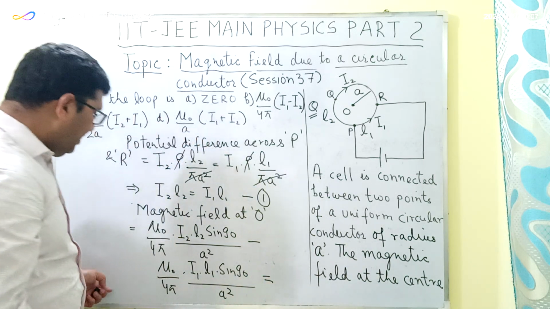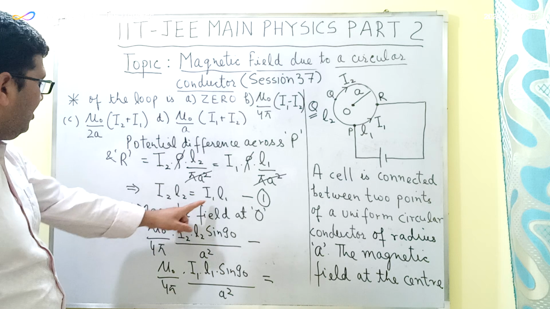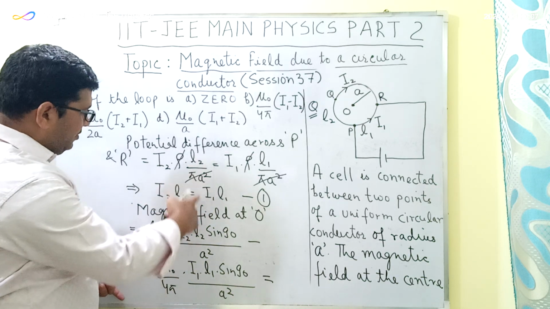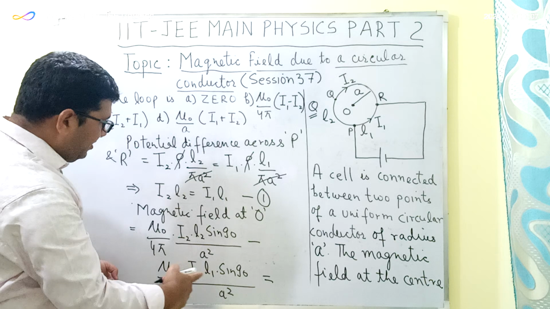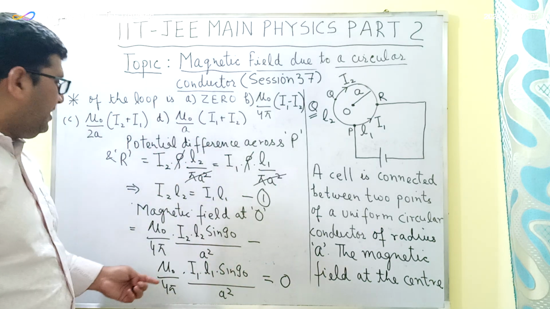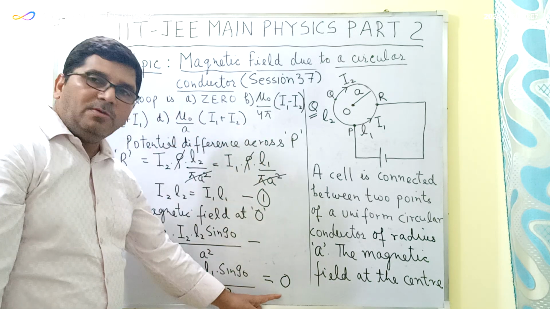Now here I2 into L2 is equal to I1 into L1. So if I2 into L2 is equal to I1 into L1, then the magnetic field at the center of the loop will be equal to 0.